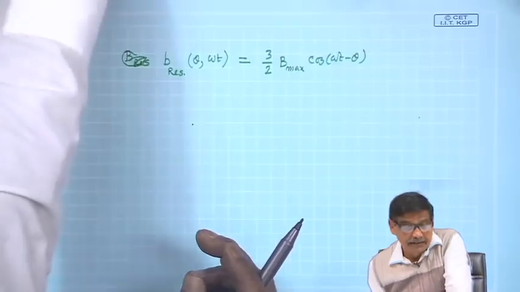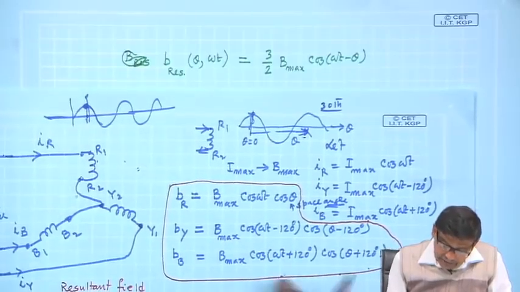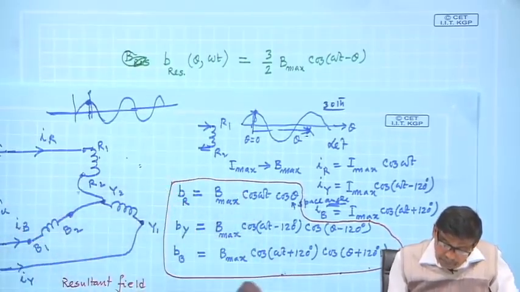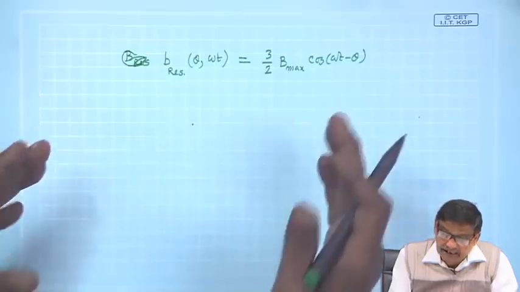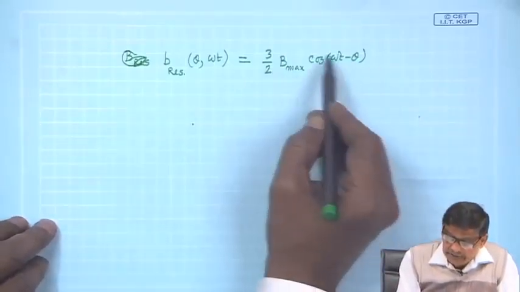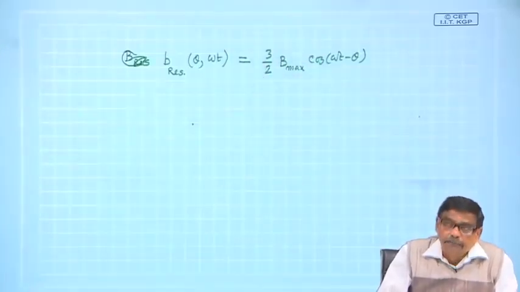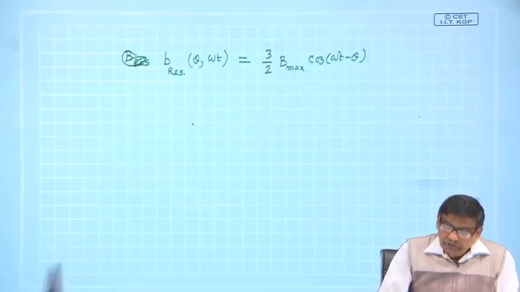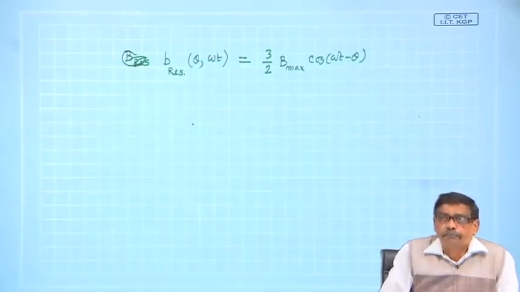Individually, B_r was producing this B max cos omega t cos theta, B_y like this, but when you add them up, at any value of theta and omega t, you can predict the field at that particular position at a given time from this rather simple expression, cosine omega t minus theta. And now, suppose I say that, okay, that is fine, and I want to sketch this waveform. What do I do?